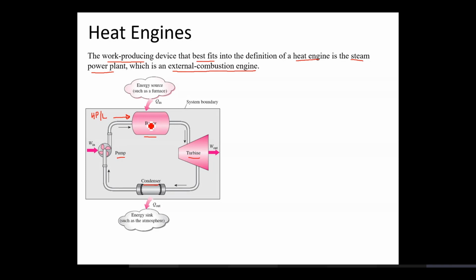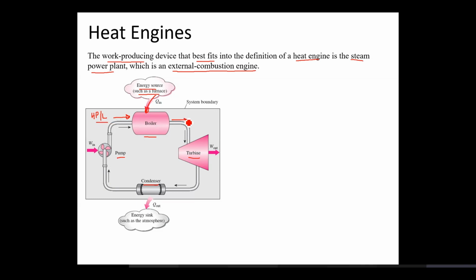The purpose of the boiler is to provide this liquid with heat or energy input. So you have an energy source such as a furnace, which is outside this system, and it is providing heat to the boiler, or in other words, to this high pressure liquid.